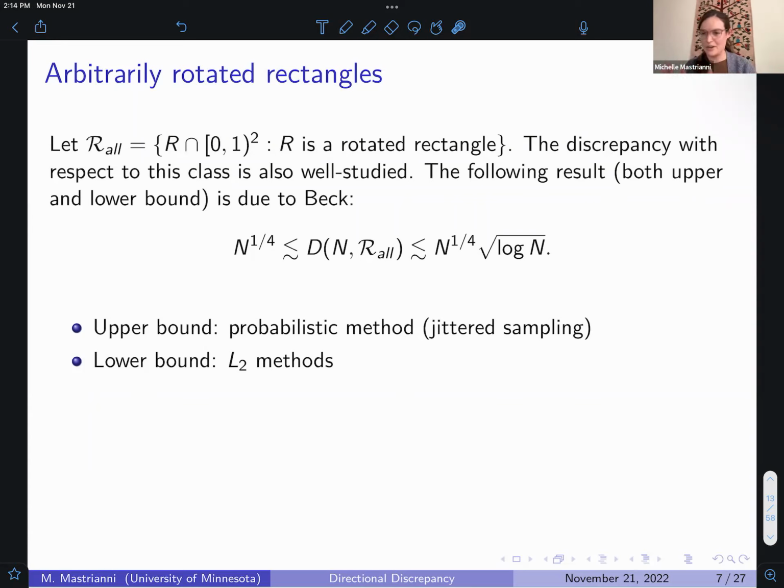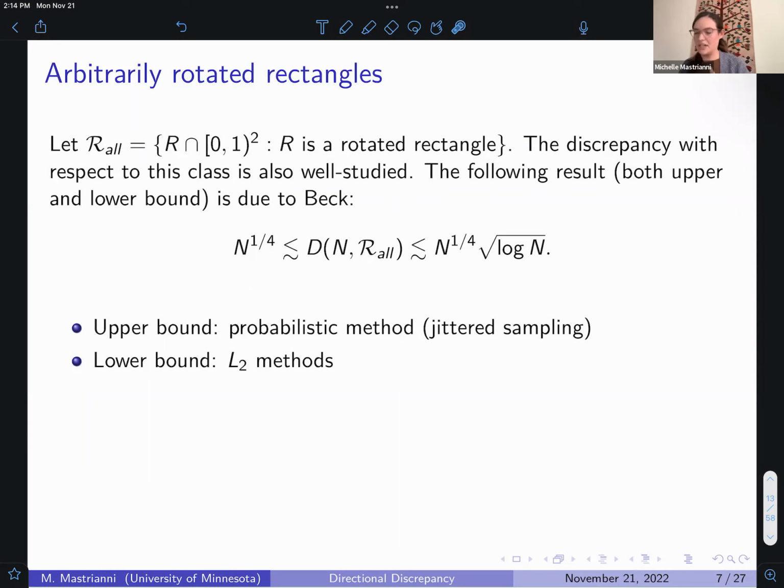The axis parallel case is completely known: logarithmic discrepancy. If you allow for arbitrary rotations, then this is also well studied, and there's just this potential open problem of trying to remove a square root of log, and it's unclear whether this is possible. But the lower bound is n to the 1/4. The upper bound has this extra square root of log. So we have polynomial discrepancy once we allow for all arbitrary rotations.